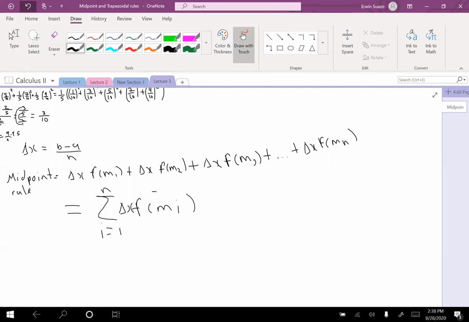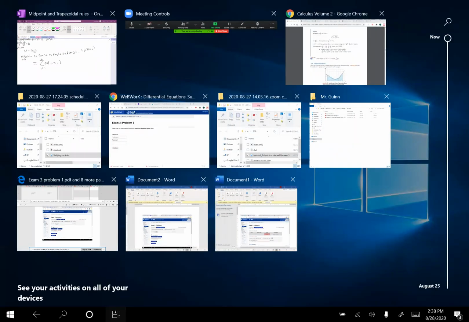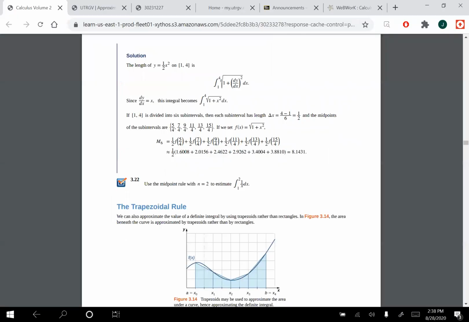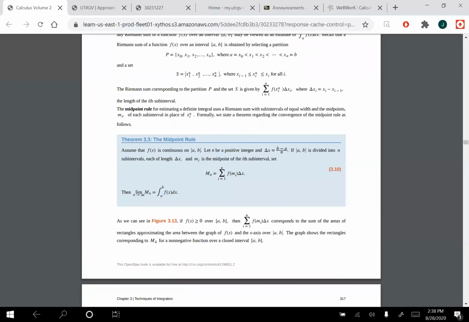Okay, so that's the formula you can use, and that's the formula they have in the book. So you go to the book. That's the formula they're showing over here: sum of i equals 1 to n of f of m_i delta x.